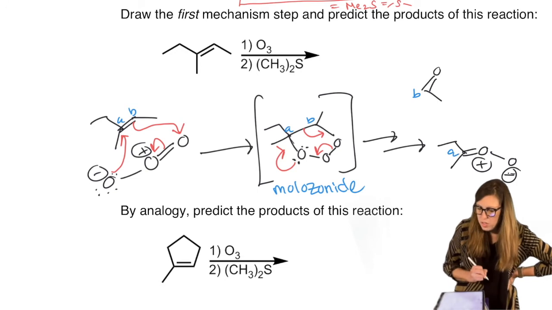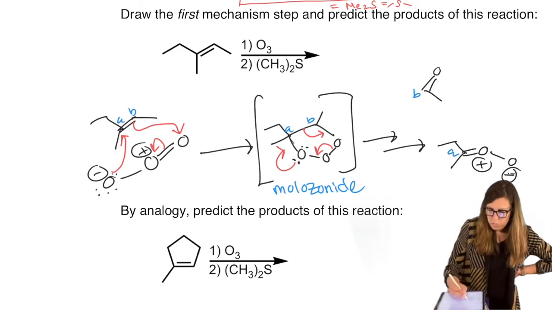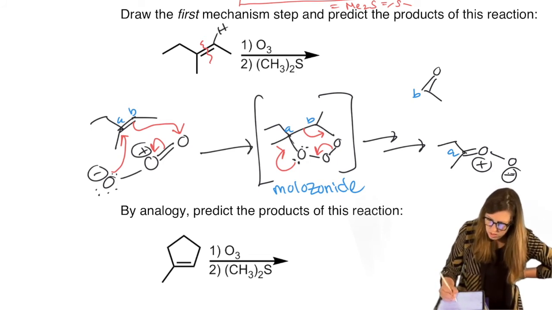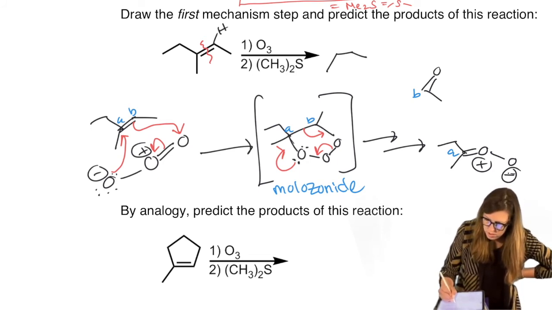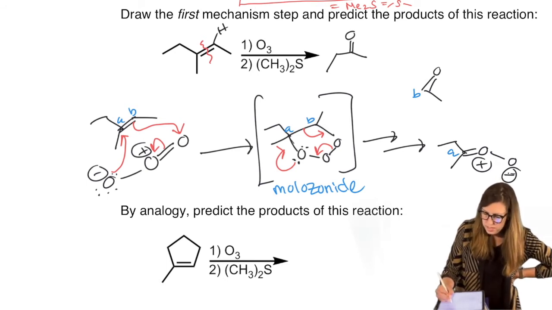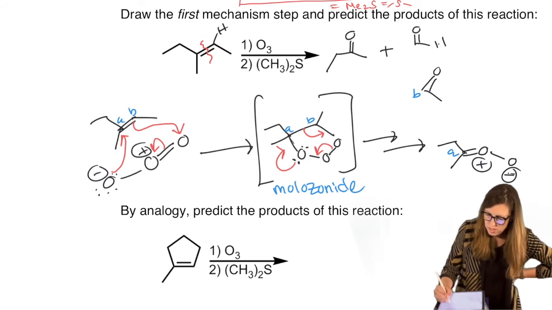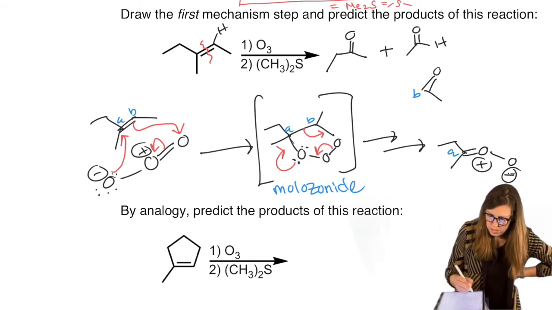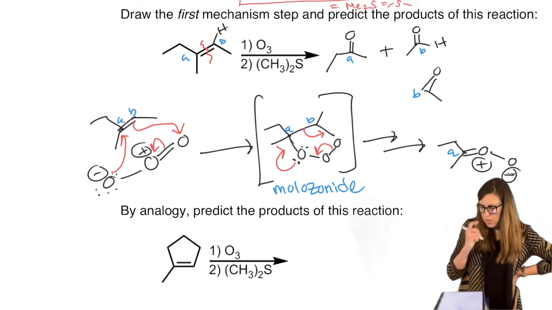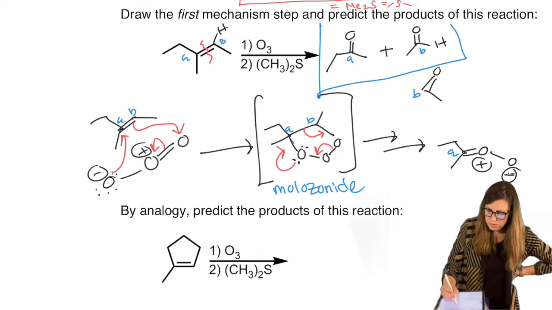But as you can see, it's going to resemble the final product, because if we acknowledge that's really what we're doing, draw on your H if you need to. And we have that ketone, methyl ethyl ketone, plus this aldehyde, which was carbon A and B. Okay, so that's our final product.